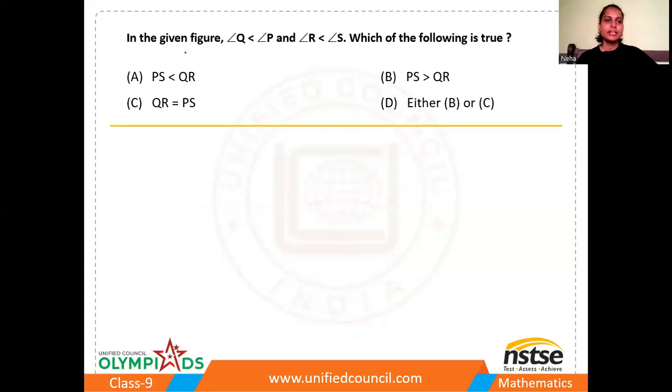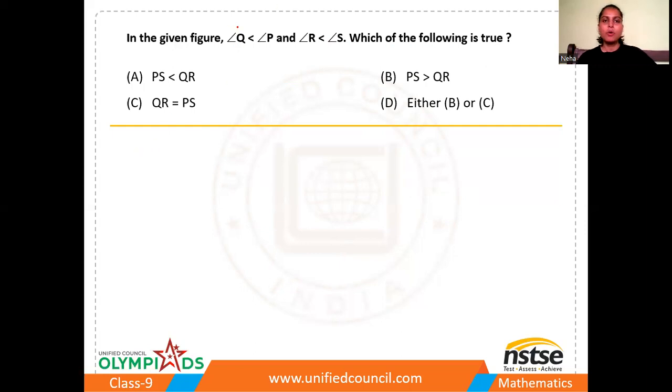Here the next question is, in the given figure, angle Q is less than angle P and angle R is less than angle S, then which is true? Basically P, Q, R and S. So we know that the side opposite to the smaller angle is always shorter, correct?